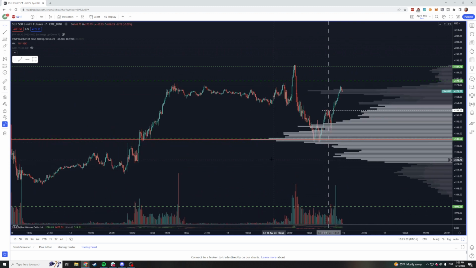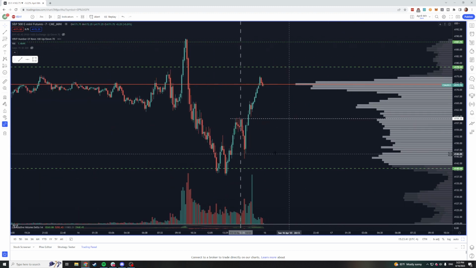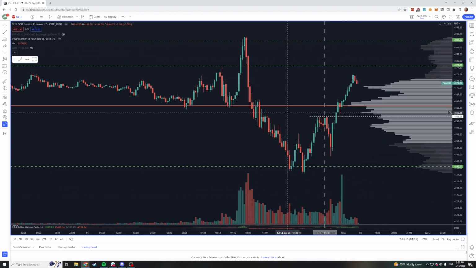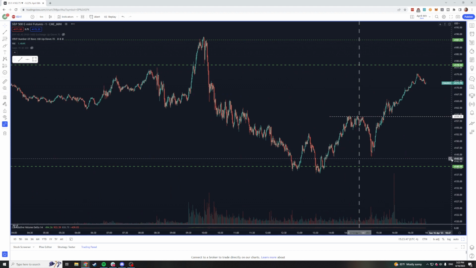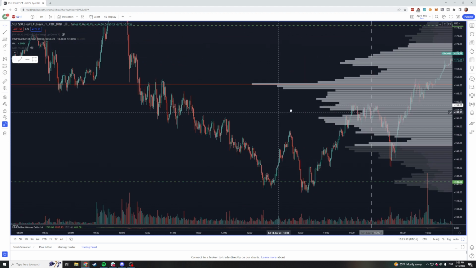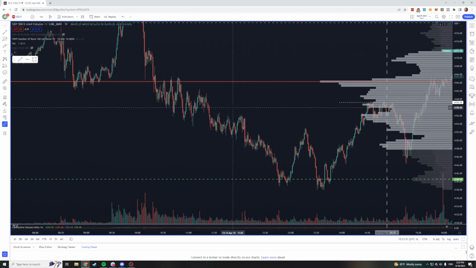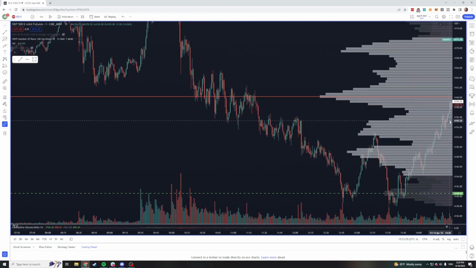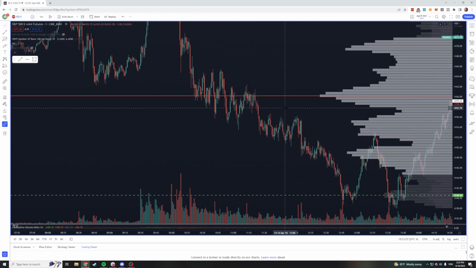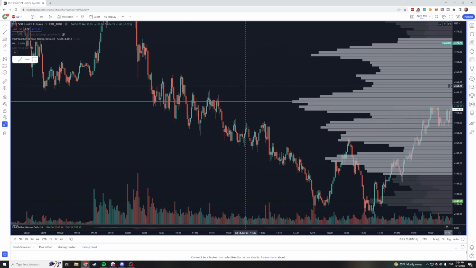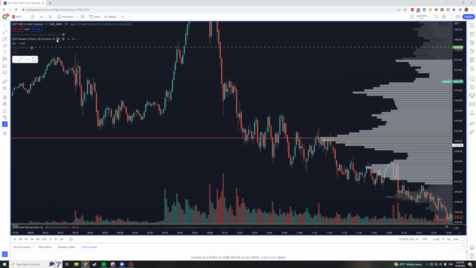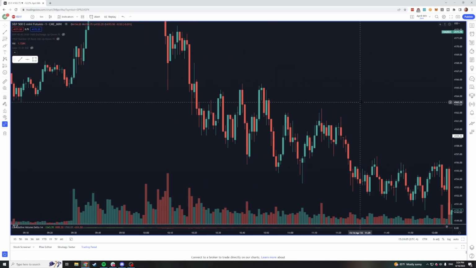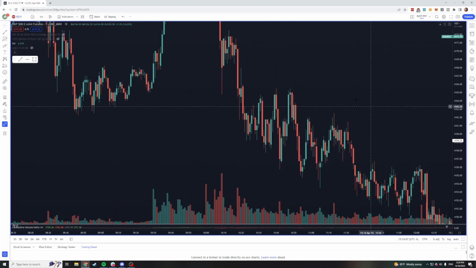What else? Something else I want you guys to be abreast of is the 1 minute. And I hesitate to even show this to you guys. Because if you're going to scalp, which I know a lot of people like to do, the 1 minute's a great time frame for scalping. Let's just get rid of this. I want to show you guys something that might be hard to see here.